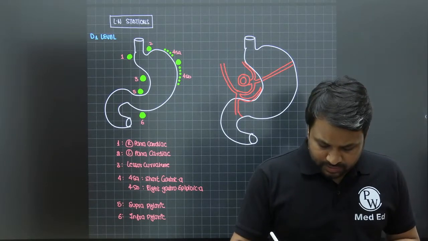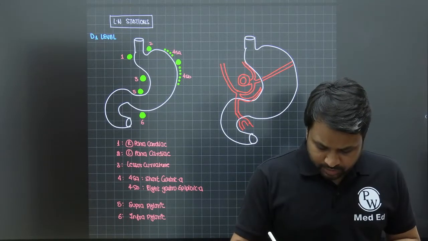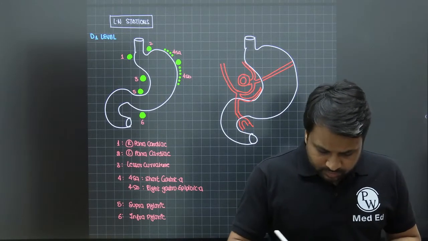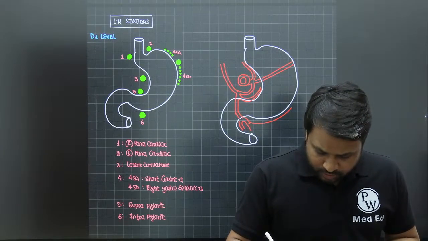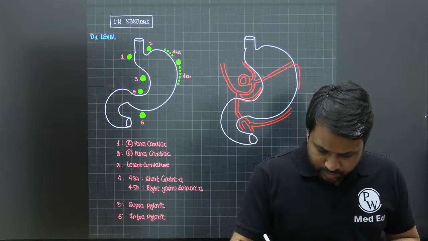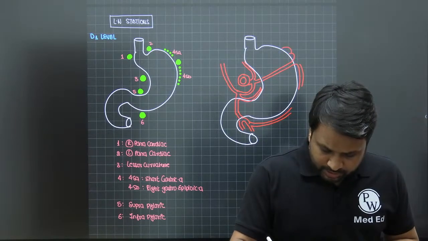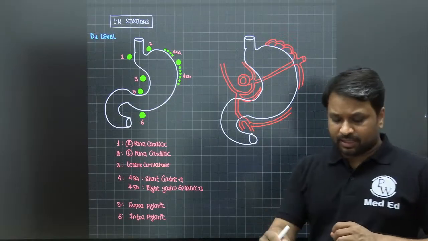Now, this will go behind and convert into the anterior and the posterior superior. From here, it continues to form the left gastroepiploic artery, which is here. This is going to convert into the right gastroepiploic artery. This will develop into the short gastric artery from here on. Splenic artery, nothing spectacular about it.